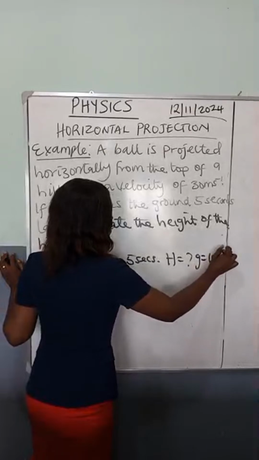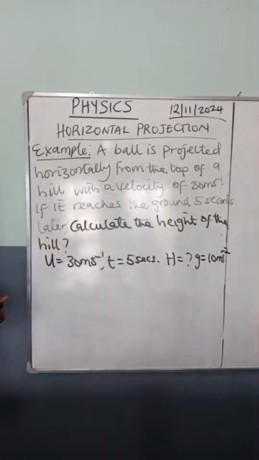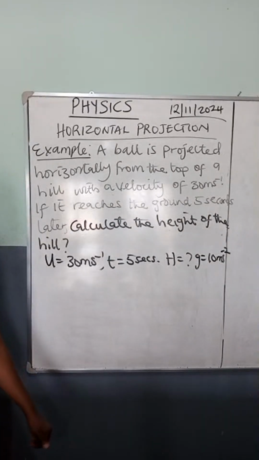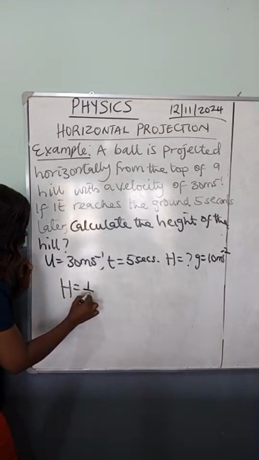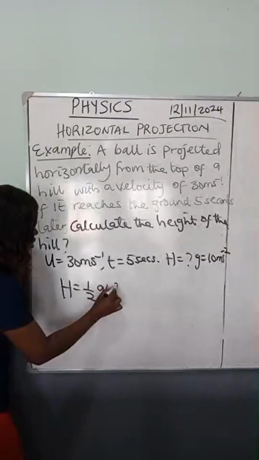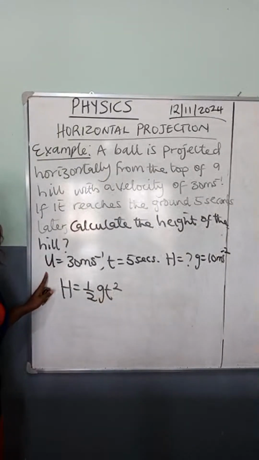10 meters per second squared. Now what's the formula for our height? H equals half gt squared. The question is, why are we not using u, even though they give it in the question?